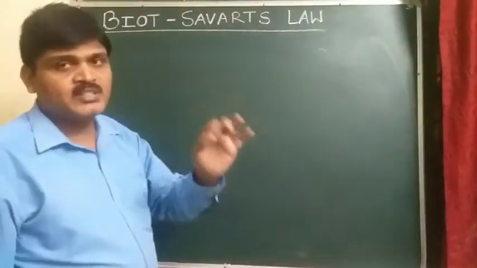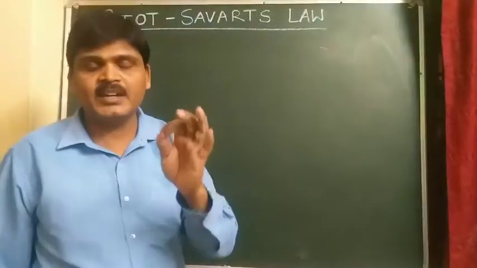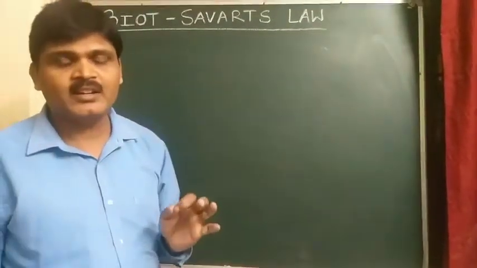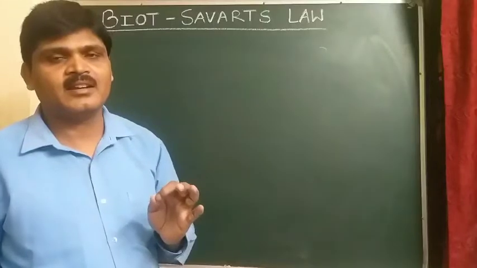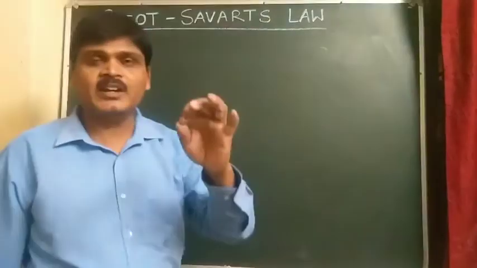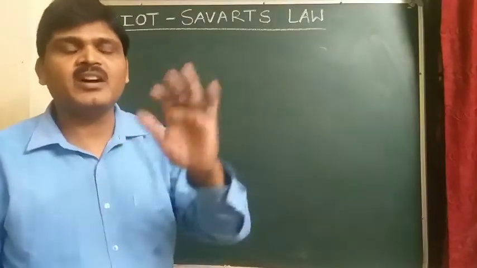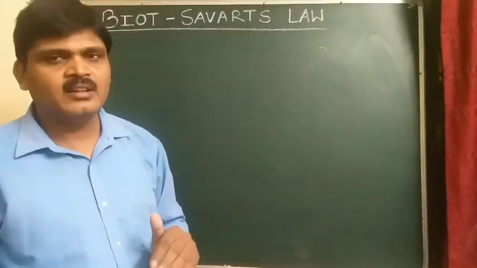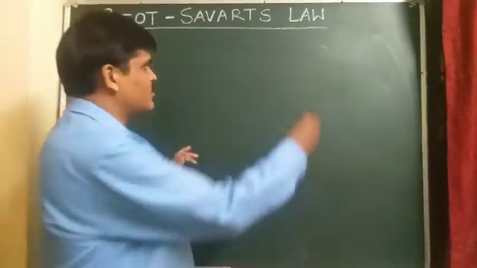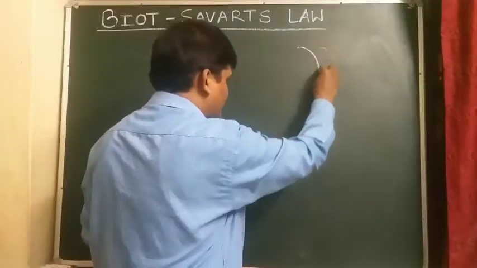Biot-Savart's law states that the magnetic field at any point due to a current element depends upon various factors, and first of all I am going to draw the diagram.